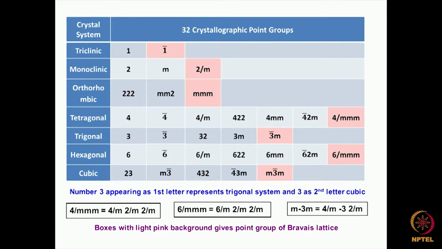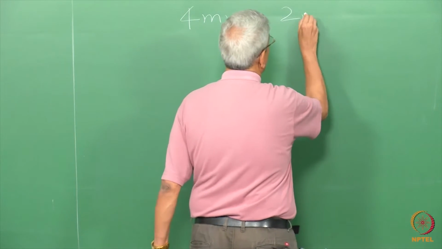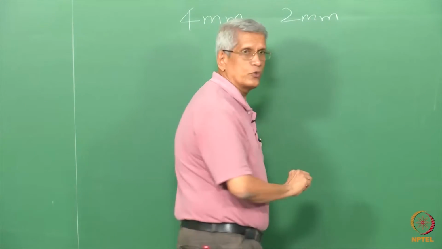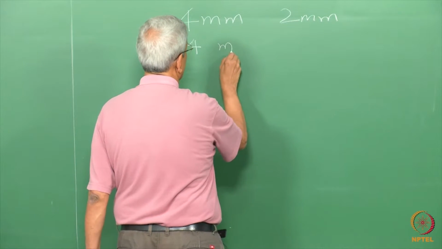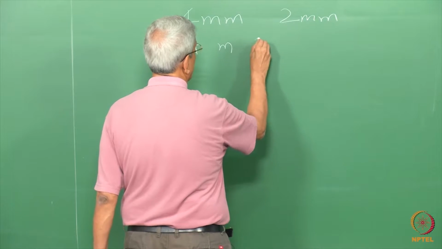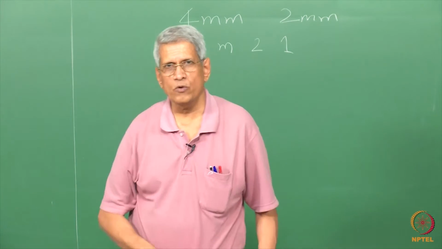Similarly, if it contains a combination of rotation and a mirror, then we may have like 4mm. With 4mm, the 4-fold rotation, mirror, 2-fold rotation, 1-fold, all these symmetry elements are going to be there.